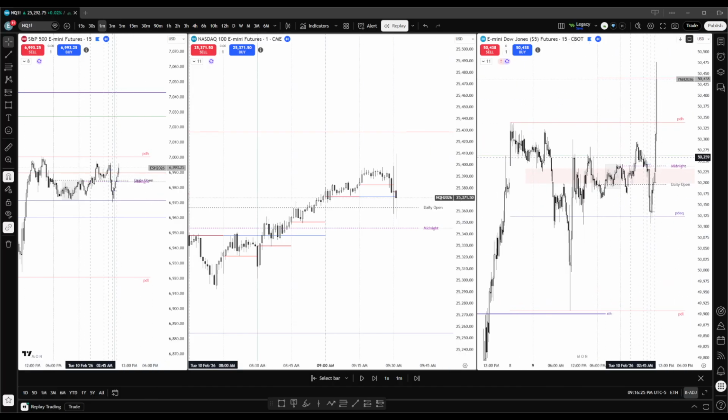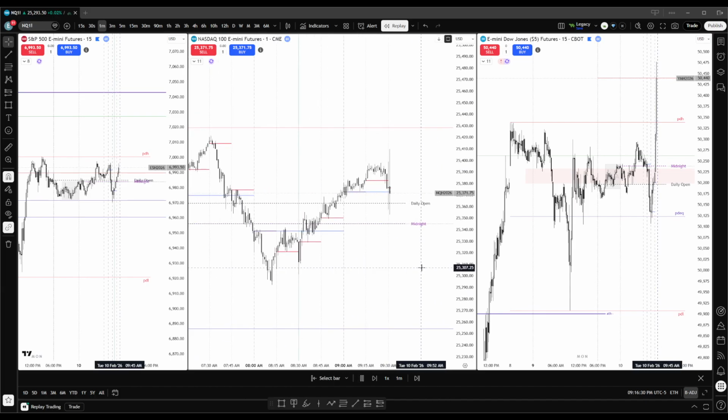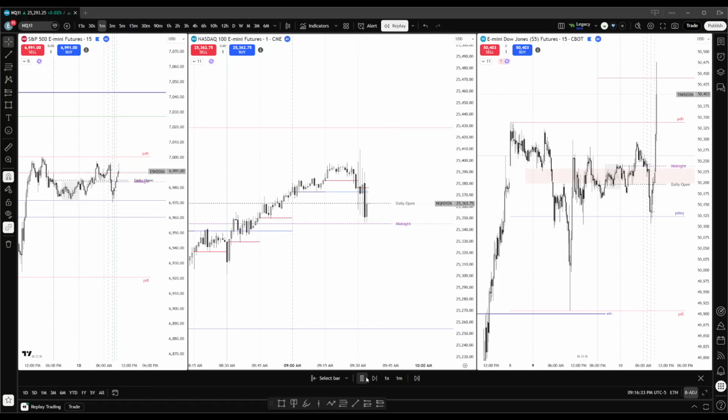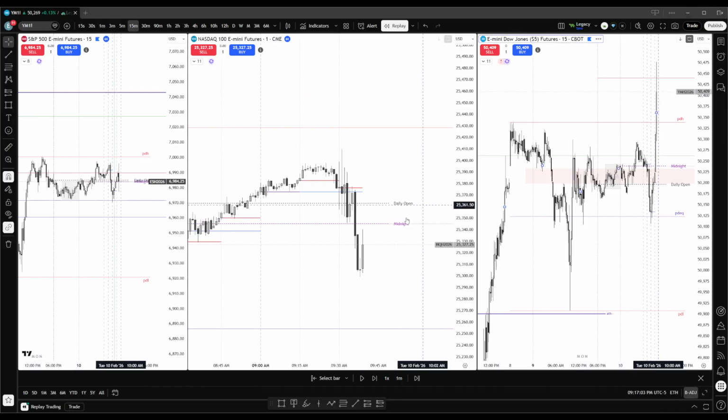YM clears previous day high, right? So now we have SMT. 30 prints lower. All right, sorry about that.